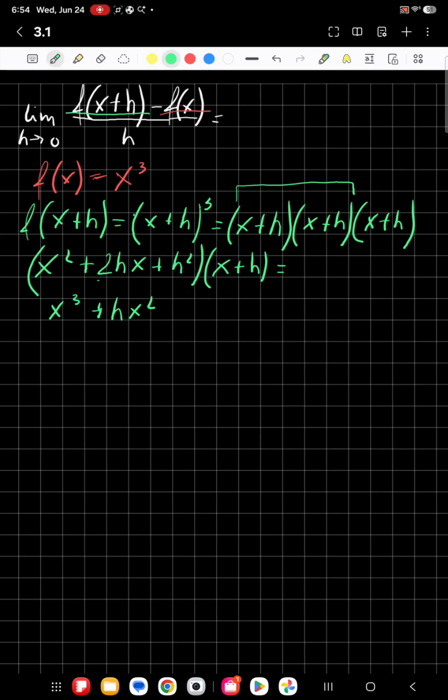Anyway, let's finish it. So now I have 2hx squared plus 2h squared x plus h squared x plus h cubed. Okay, so that's the whole thing, that is f of x plus h.